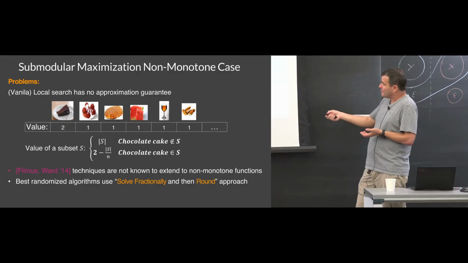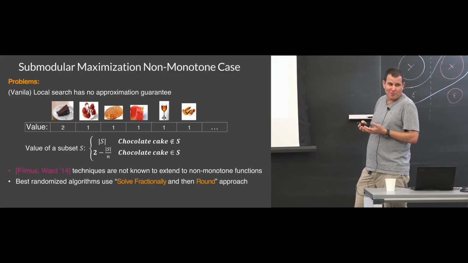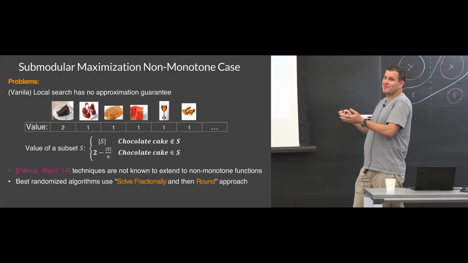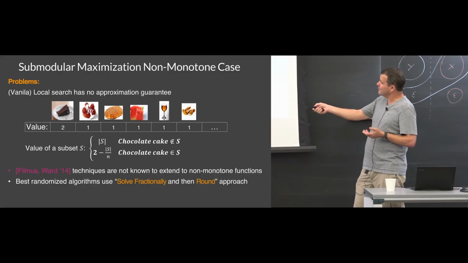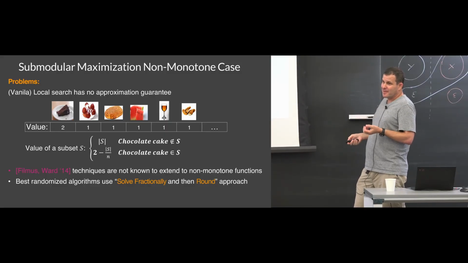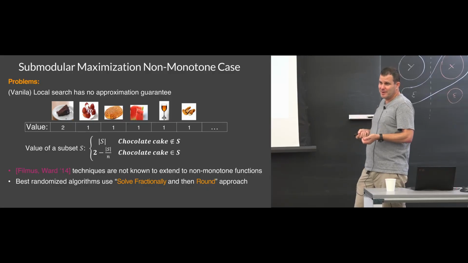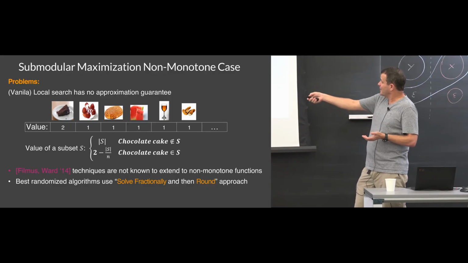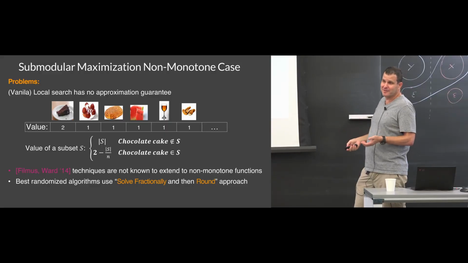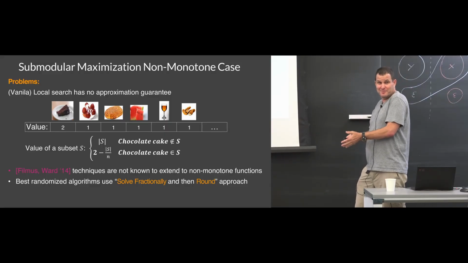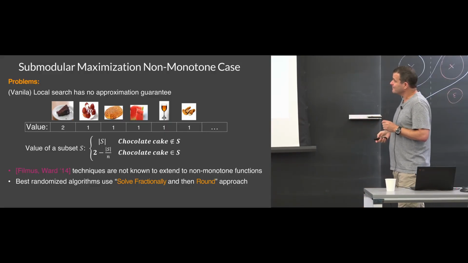So what happens? Suppose this is a decoy, the chocolate cake, and you decided to take this decoy because it's worth 2. Then you are stuck, because if you take another dish, the value will drop. If you switch, the value will drop. So you are stuck here in a local maximum. You can earn a lot here, but you are stuck with the chocolate cake, which is good, but not enough.